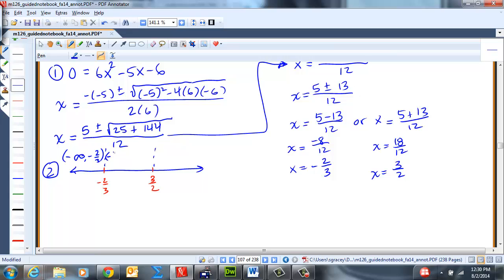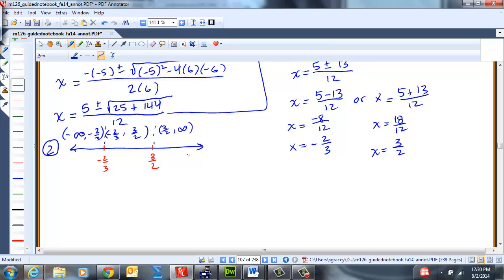This will be minus 2 thirds to 3 halves, and this will be 3 halves to infinity. Okay, I'm going to rewrite our function down since it's hiding. So the function we're testing in is f at x is equal to 6x squared minus 5x minus 6.